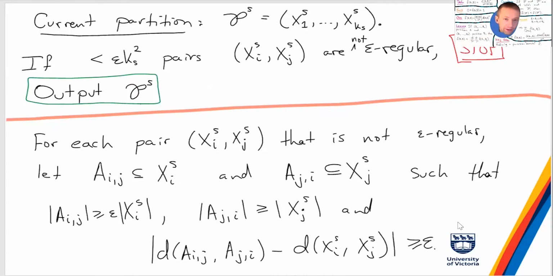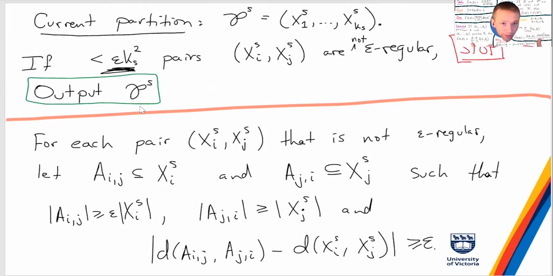Right. So the algorithm looks over all the pairs and asks, is it epsilon regular or not? And it counts up all the pairs which are not epsilon regular. If the number of such pairs is less than epsilon times the number of parts squared, where the number of parts is k_s, then stop.